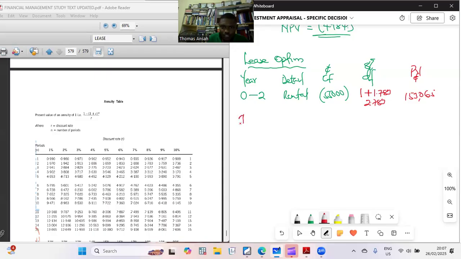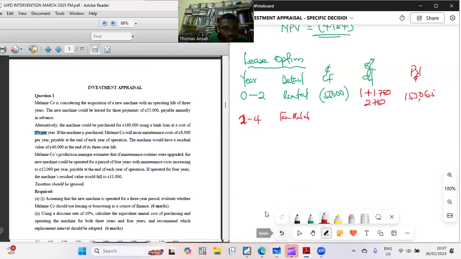So it will start from year 2 to year 4. All right, so tax relief. What was our tax percentage in the question? We are told that taxation should be ignored. That is good for us.